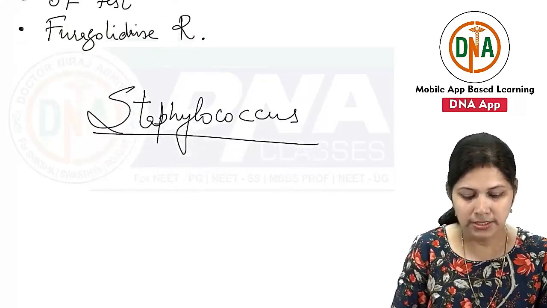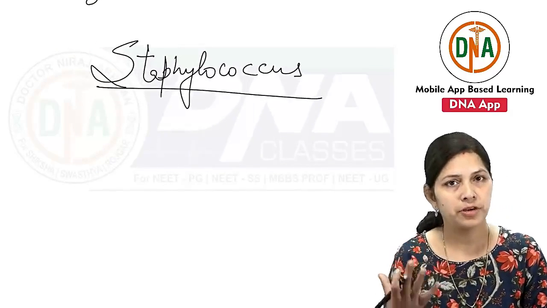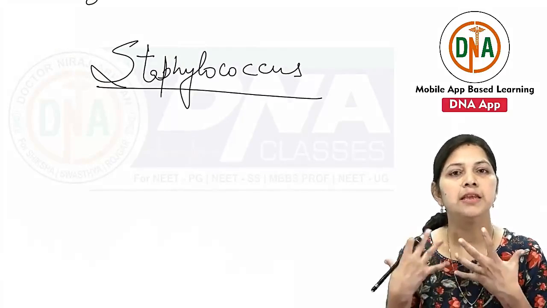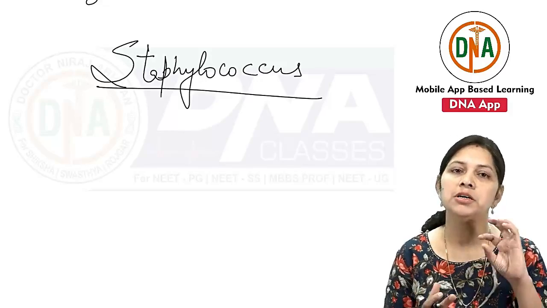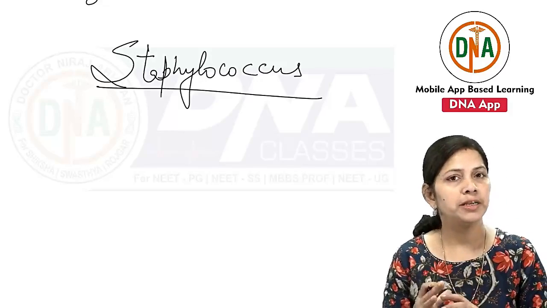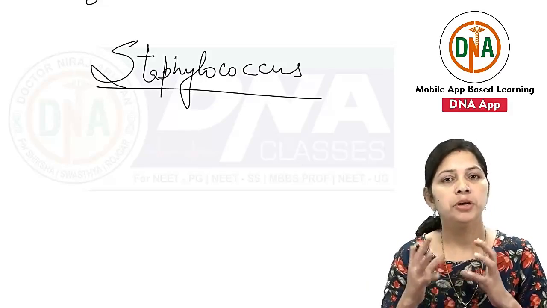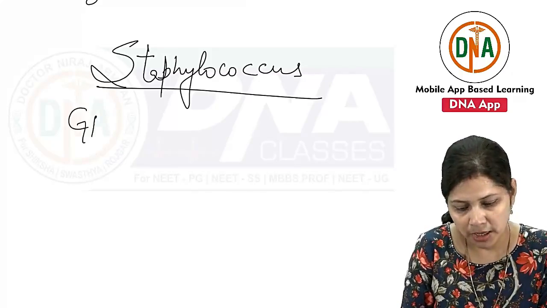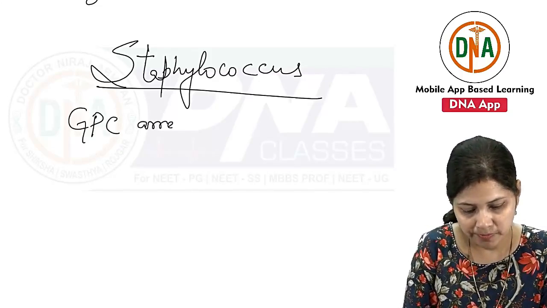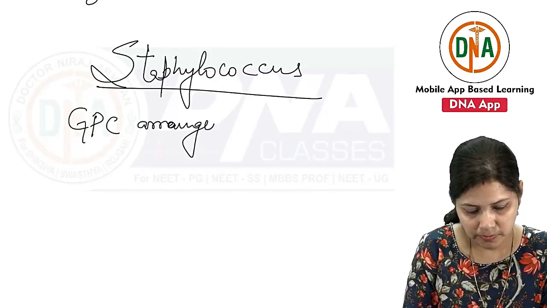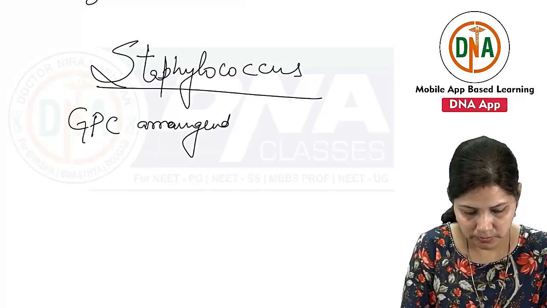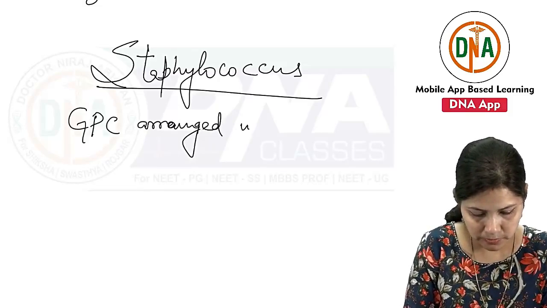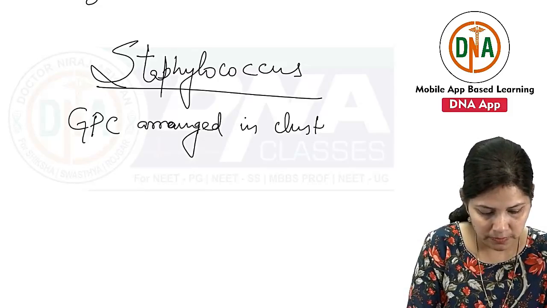Okay, so as I told you, whenever we talk of Staphylococcus, as the name itself implies, coccus means the cocci or round shaped bacteria and staphylo means bunch of grapes. So these are classical gram positive cocci arranged in clusters.